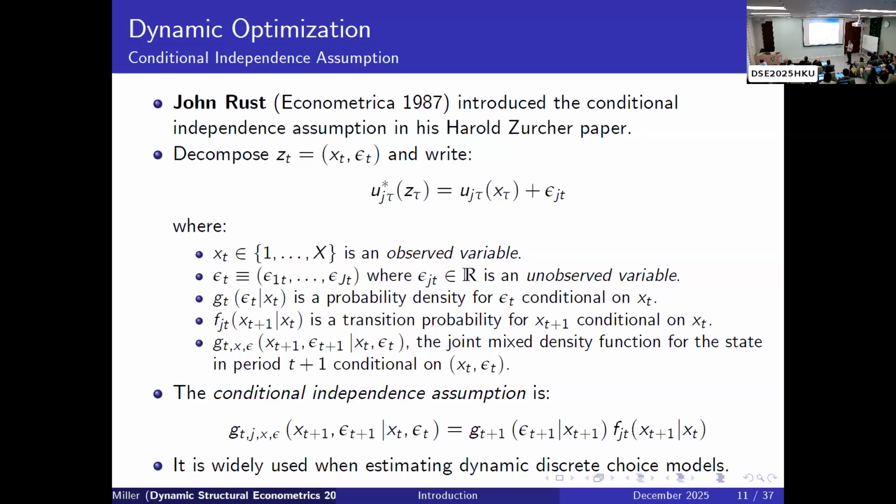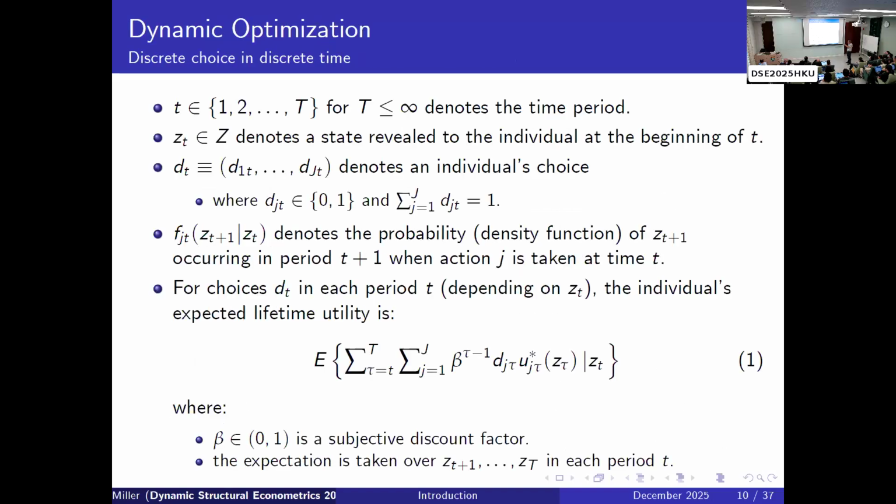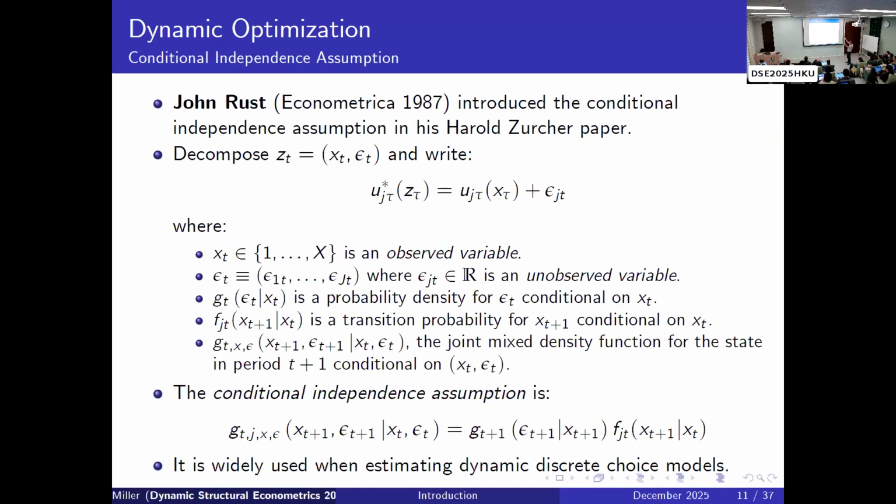And this is why I had the U star back here. You notice I snuck in a U star on this stuff. That was because it was the individual's problem. Now I want to divide it up a little bit into the systematic part plus the non-systematic part, using the notation that you will see in most of the papers that get written.